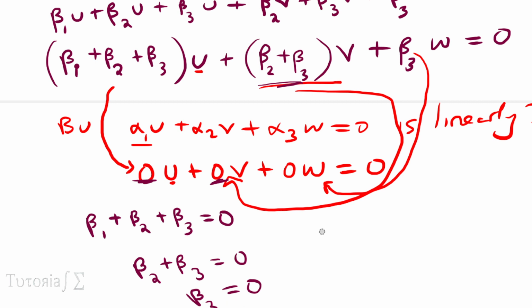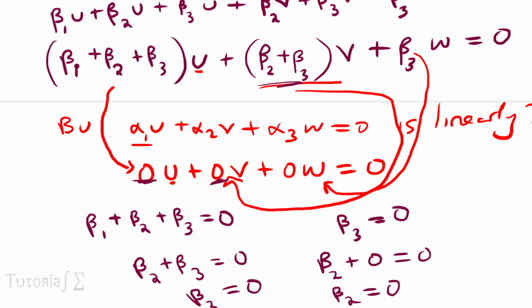Beta 3 is already equal to 0. So we can find beta 2 from beta 3: beta 2 plus beta 3, which is just 0, will be equal to 0, meaning that beta 2 is equal to 0.